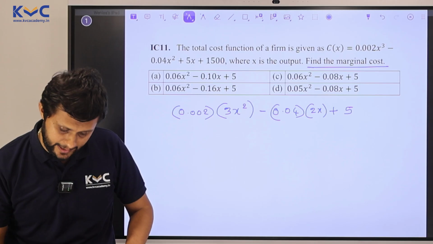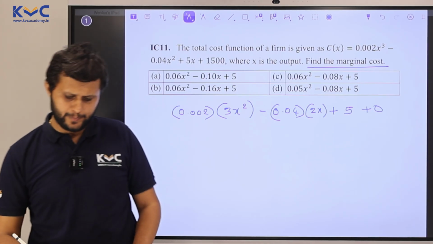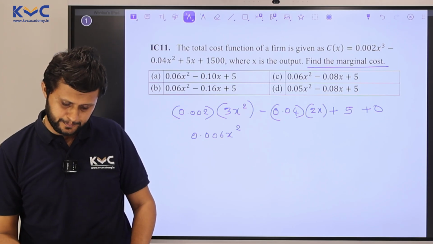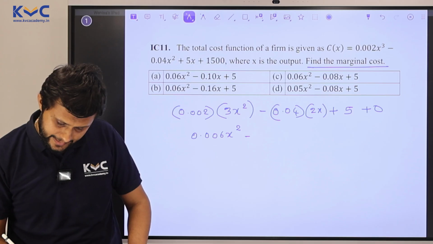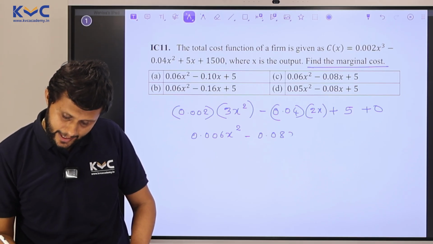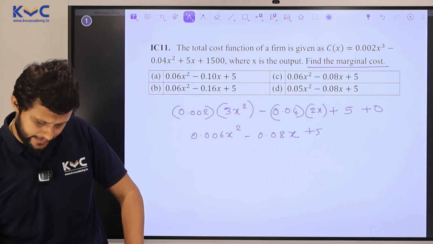Differentiation of 1500 is 0. If you simplify this further, you get 0.006x square minus 0.08x plus 5.